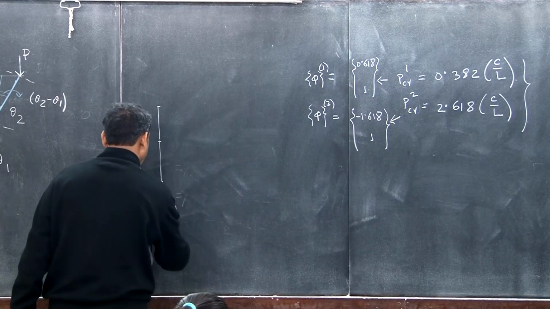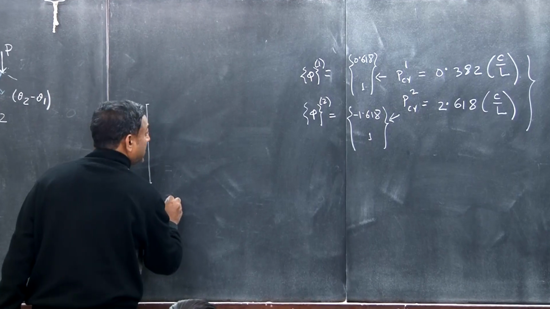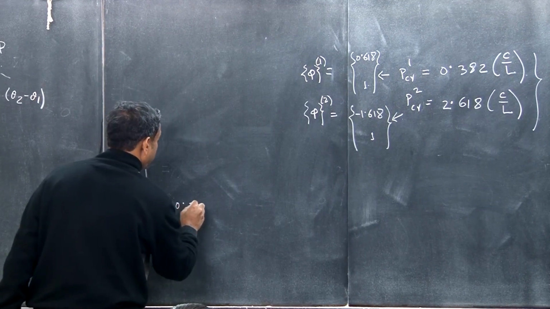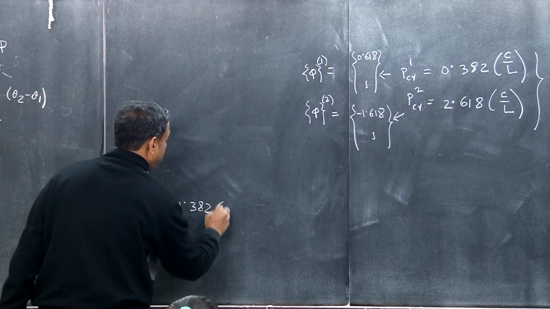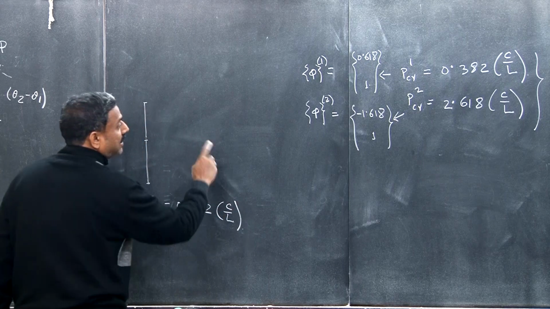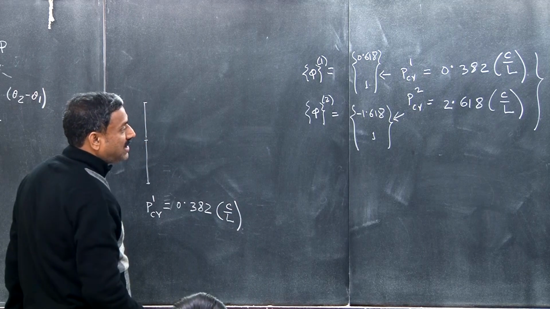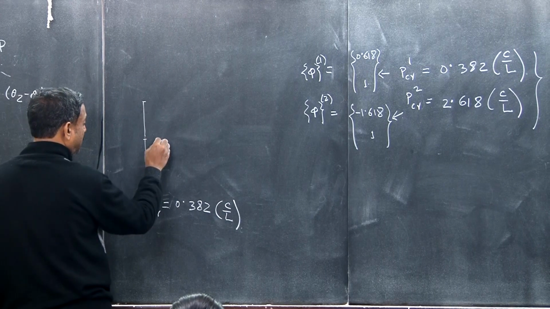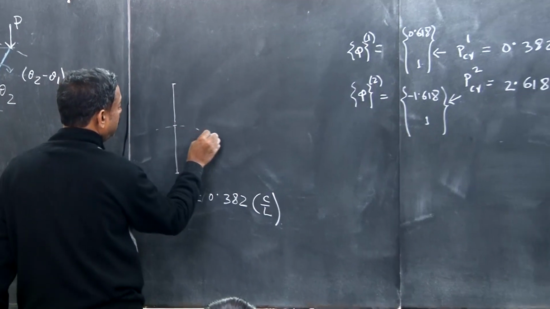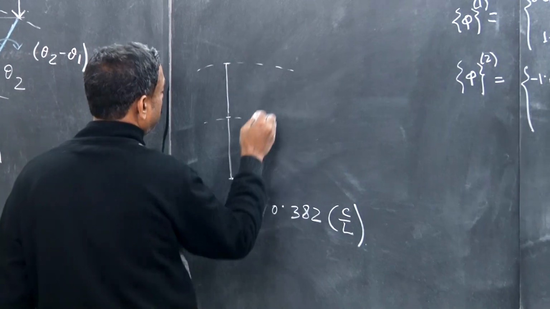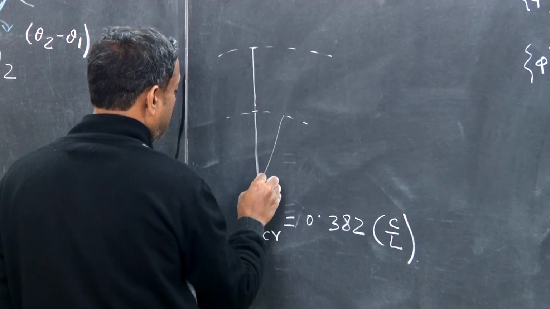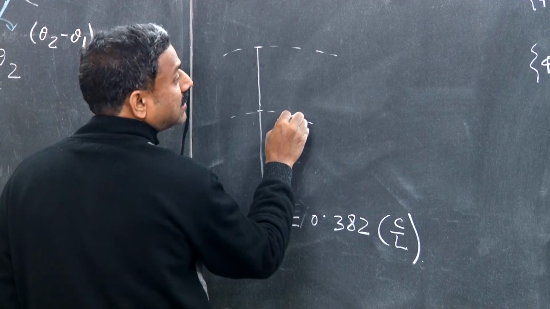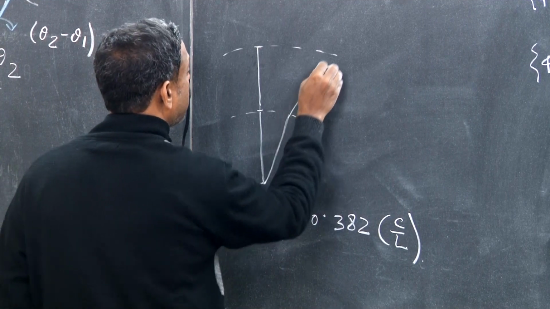So, at PCR1, the first critical load, which is 0.382 C by L, you see 0.618 and 1, right? So, theta 1, theta 2. Theta 1 means it is rotating like this, and the other one is going here, okay.